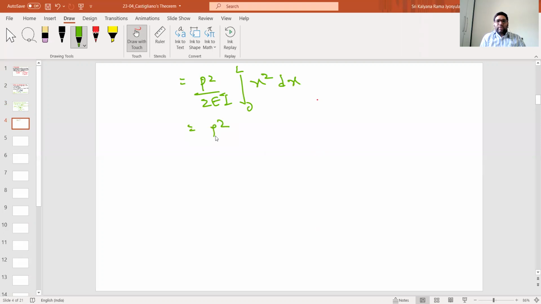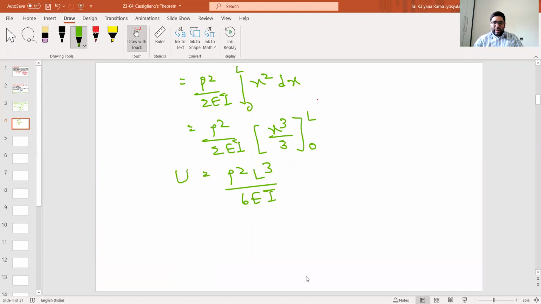The integration of x square is x cube by 3, from 0 to L. Therefore, U is equal to P square L cube by 6EI. Straightforward expression.